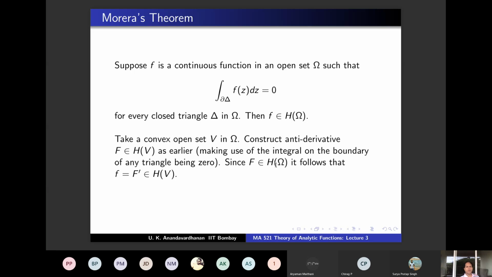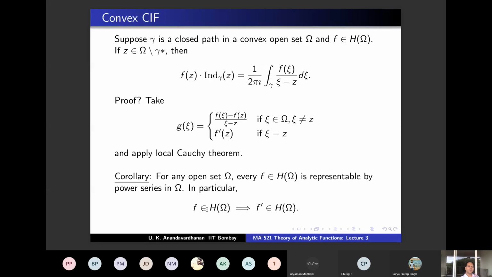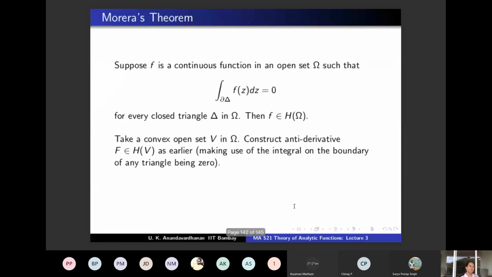That is holomorphic, and therefore it follows that small f is also holomorphic because of this corollary. If a function is holomorphic, its derivative is also holomorphic. So capital F is holomorphic by the previous construction, and small f is nothing but the derivative of the antiderivative you have constructed. Because capital F is holomorphic, small f is also holomorphic.